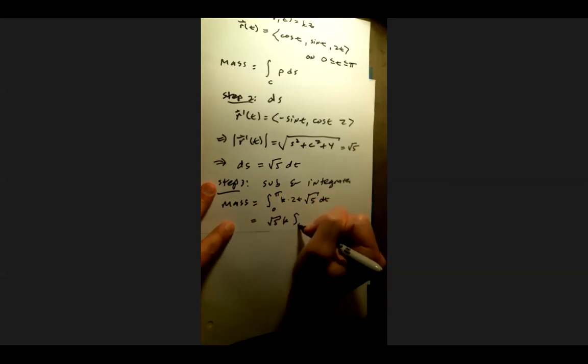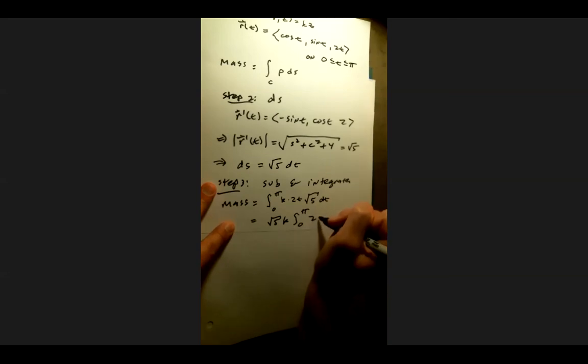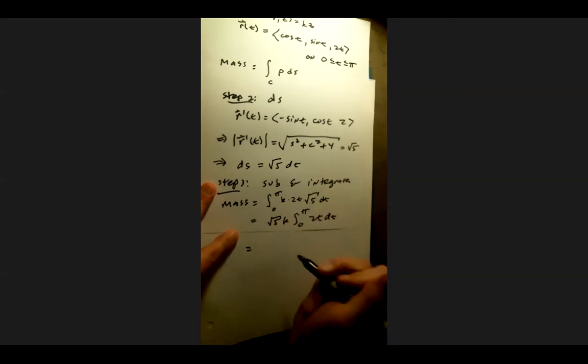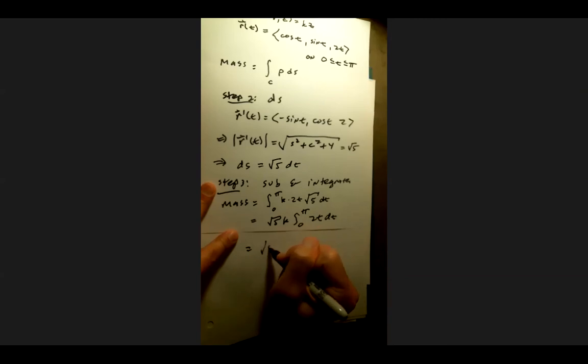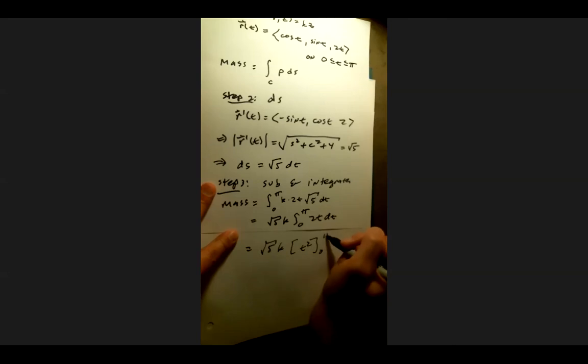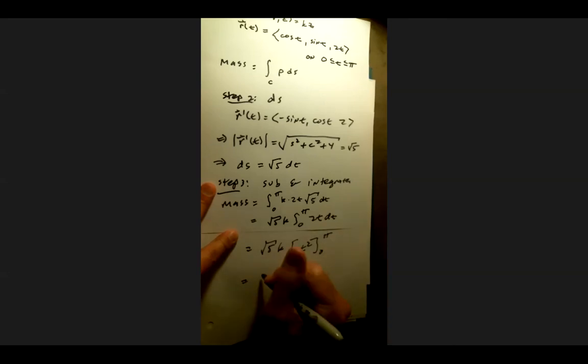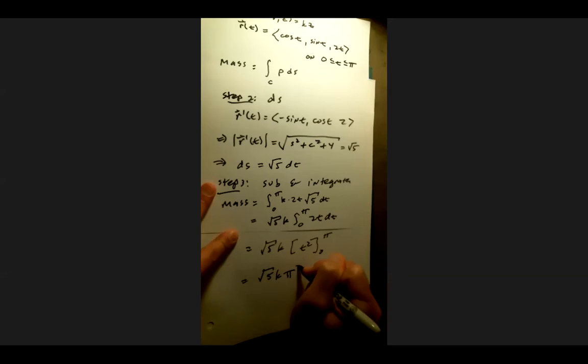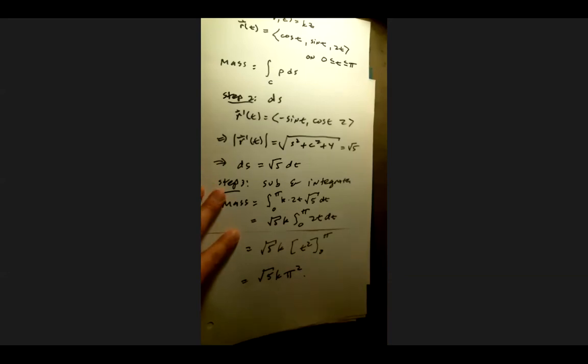Maybe I'll leave the 2 in place. So the antiderivative will be 2t squared, or the mass of the wire will be root 5 k pi squared.